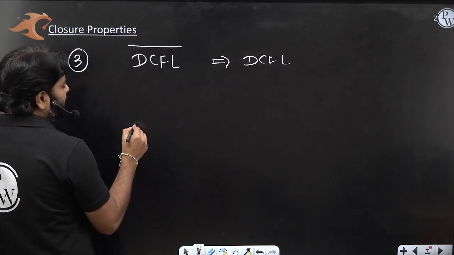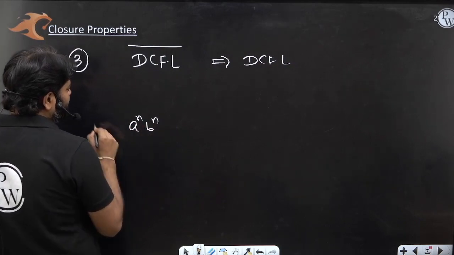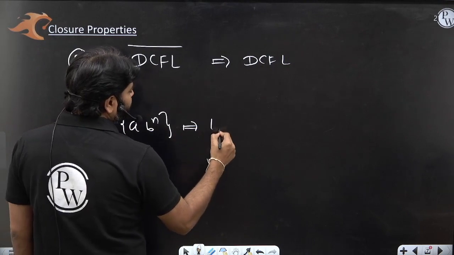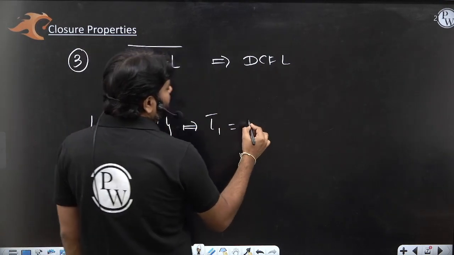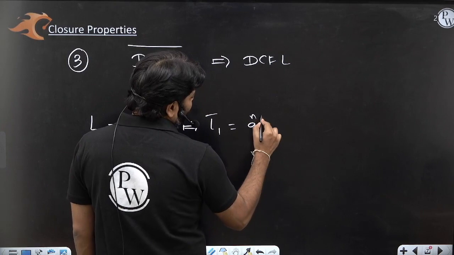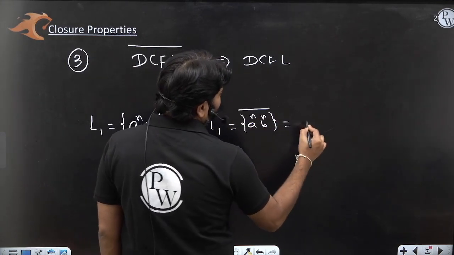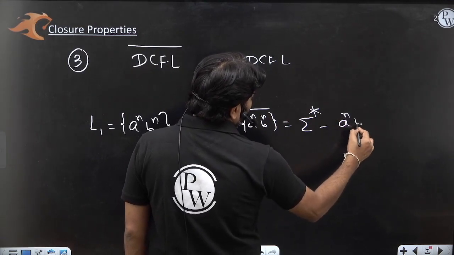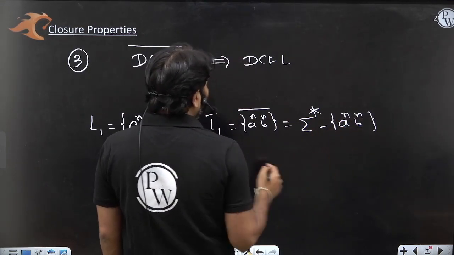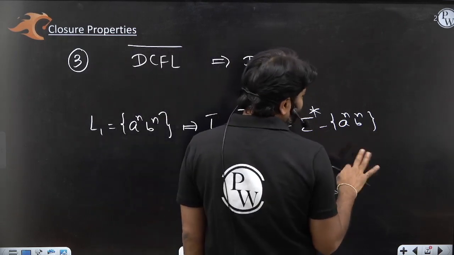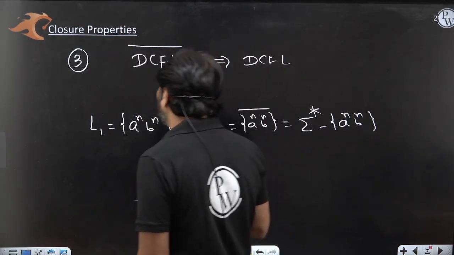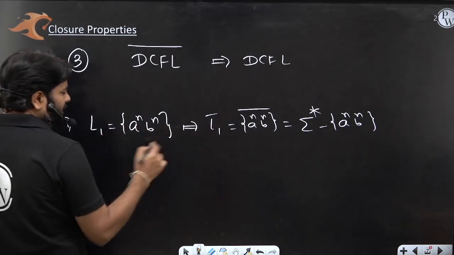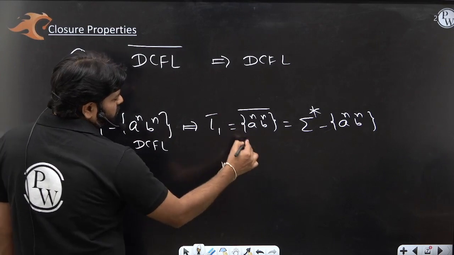If you take a power n, b power n as L1, its complement is sigma star minus a power n, b power n, where sigma star is (a plus b) whole star. For this you can design the same DPDA but interchange final and non-final states. This is also going to be a DCFL. Both are DCFLs, even the complement.